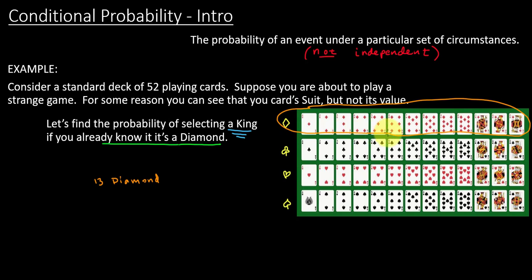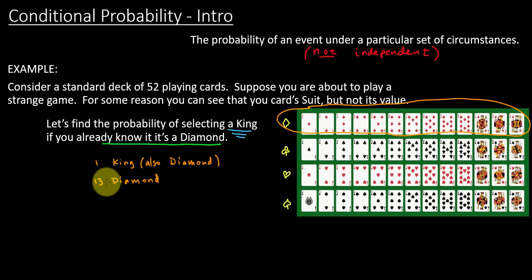In these 13 cards, how many of them qualify as being a king? There's one king. That king is also a diamond, right? It's also a diamond. We have limited our perspective to only that of diamonds.